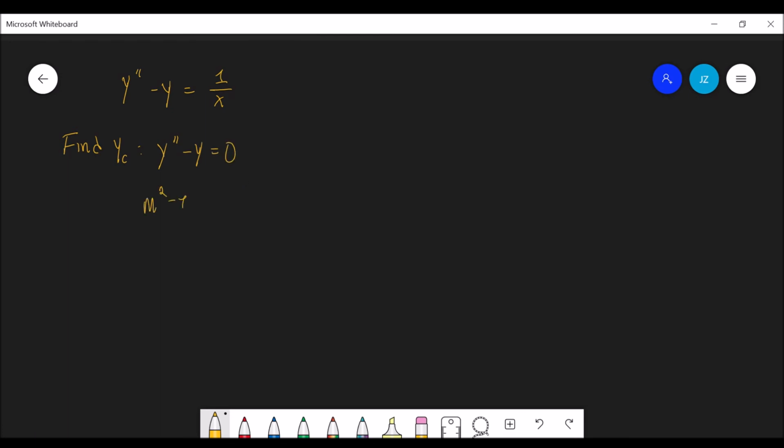This is m squared minus 1 equals 0, which gives m as plus or minus 1. y1 would then be e to the x, y2 e to the minus x. So the complementary function is c1 e to the x plus c2 e to the minus x.